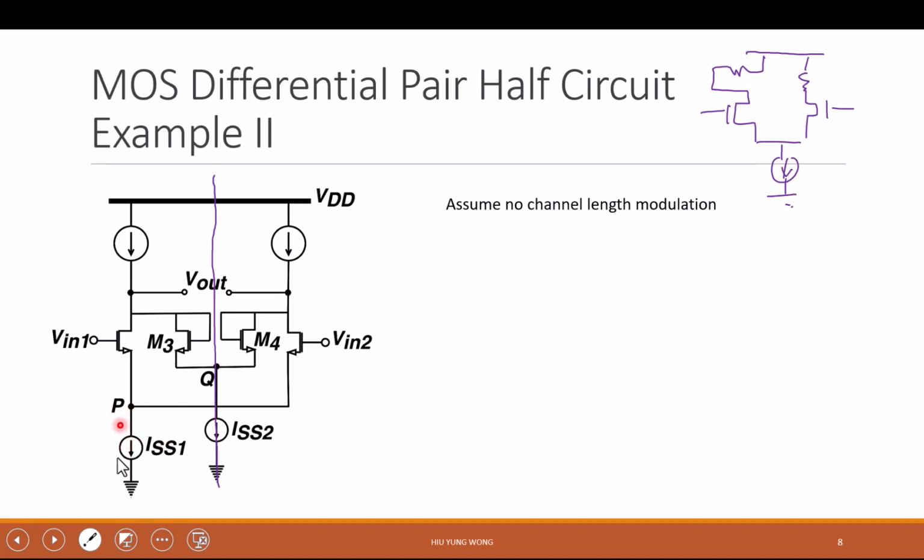Although it's drawn on the left, from the topological point of view, the distance from here to here is the same to here, unless you tell me that this wire is longer than here and you have more resistance. But in our case, we assume this is an ideal wire, so there's no resistance between them. So as an electron, you feel exactly the same thing when you are at point P, left and right.